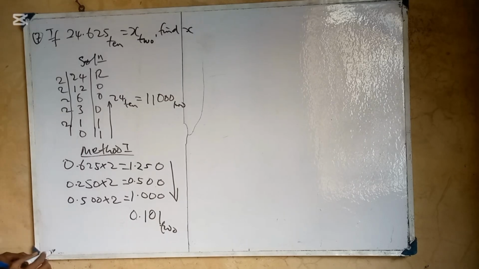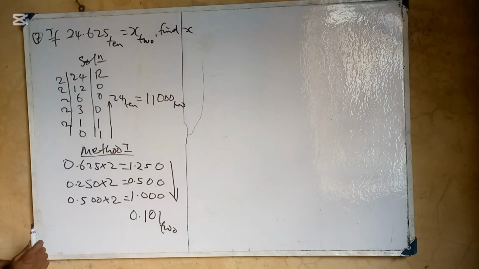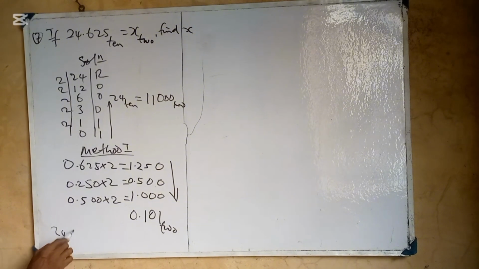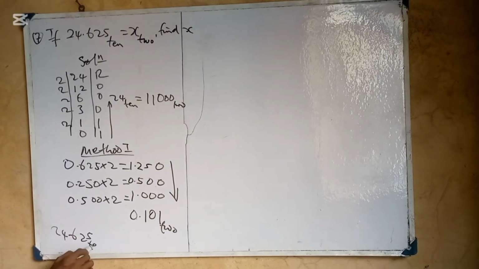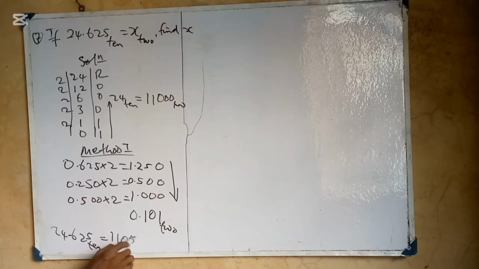Add it up to this. So we have 24.625 in base 10 converted to 11000.101 in base 2.